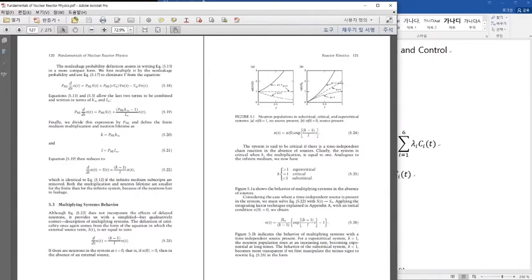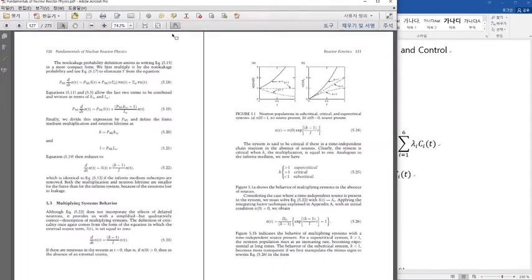So here I also told you that in a nuclear power plant, the way the nuclear operators decide whether the criticality is achieved or not is that they usually monitor whether neutron density is linearly increasing or not.